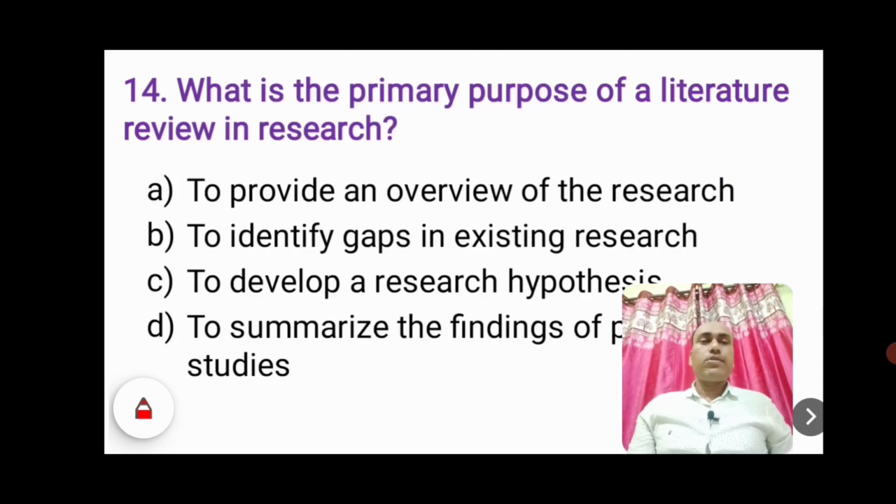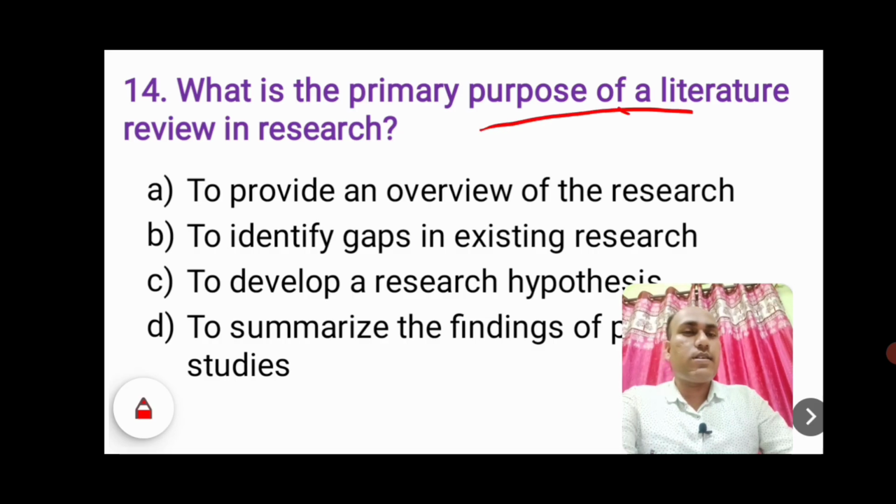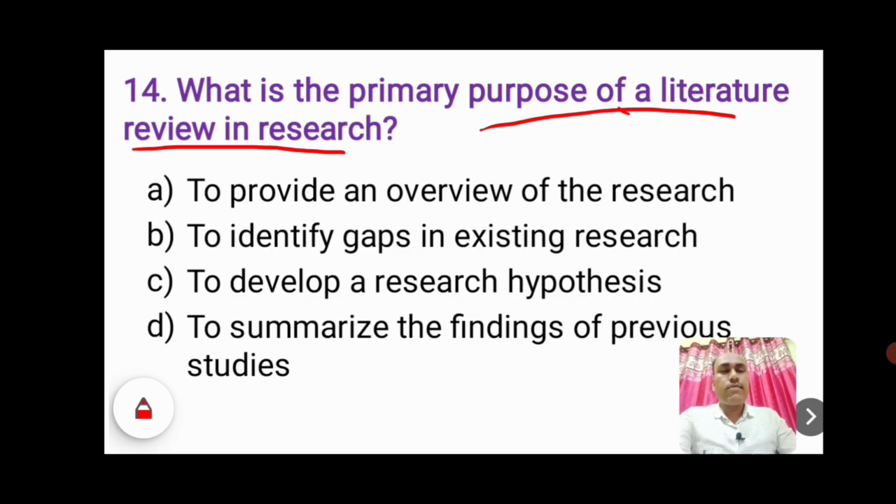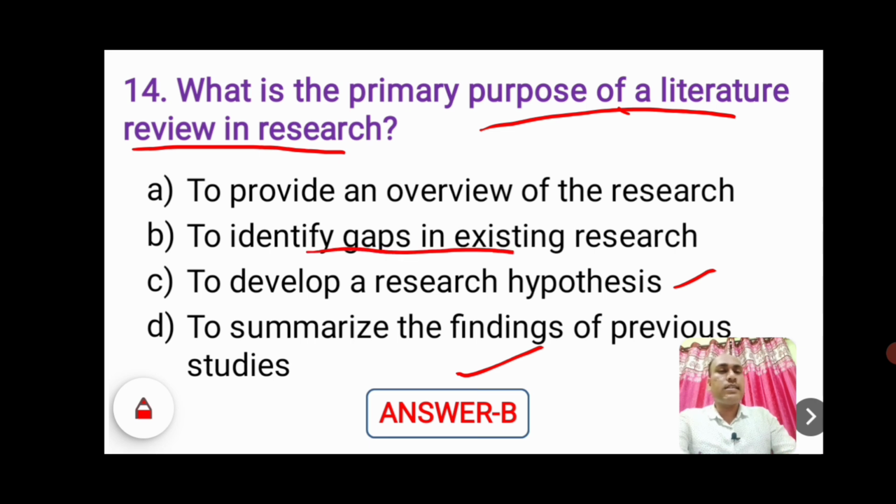What is the primary purpose of literature review in research? Why is literature review required in the research process? To provide an overview of the research, to identify gaps in existing research, to develop a research hypothesis, to summarize the findings of previous studies. So the answer will be B, to identify the gaps in existing research.